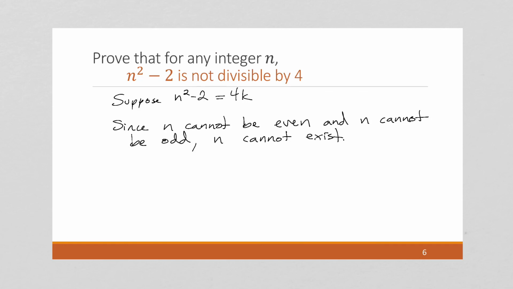When we broke the world into two cases, we said n is either even or odd. There's no other options. There's no third option. So we said that an n existed such that this statement was true, and then we found that n cannot exist. So there's our contradiction for the second part.